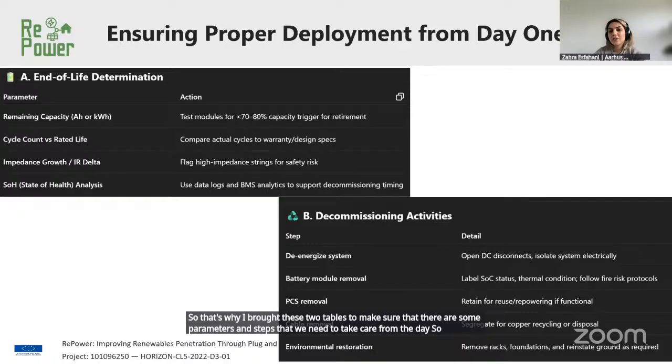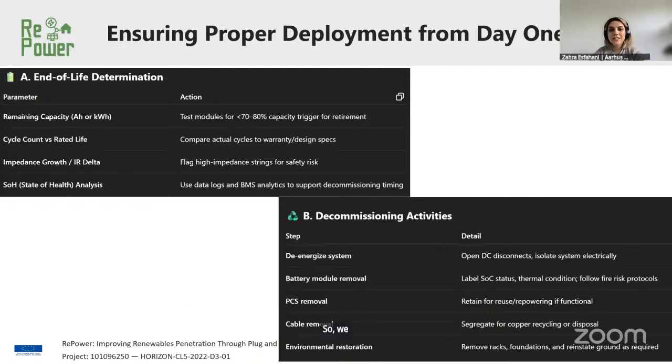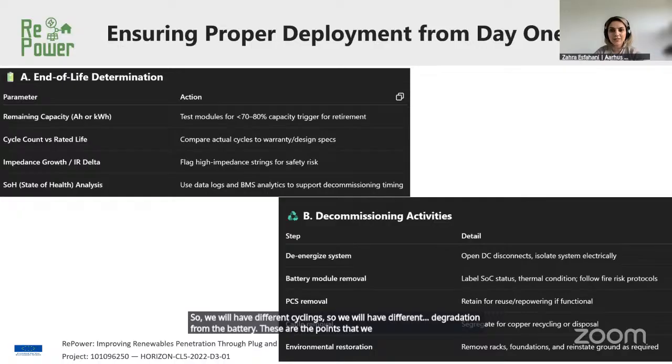So how to estimate the end of life from the beginning? With different use cases, we will have different cycling, so we will have different degradation of the battery. These are the points that we need to take care of when we are selecting the application.